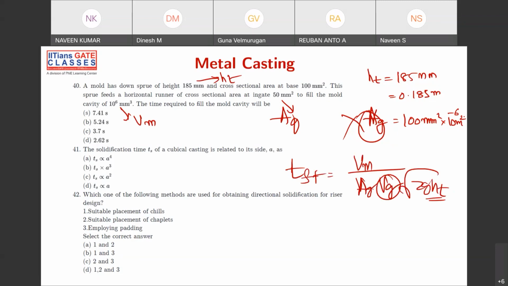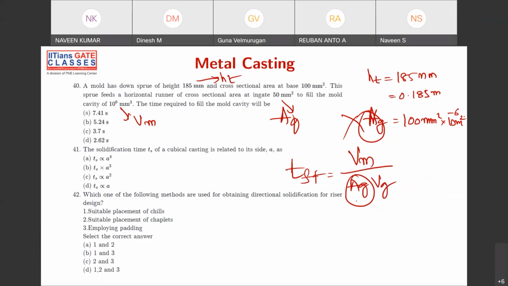Here the question is a little tricky. AG is a tricky part here. I think velocity is important here. Why? Generally, what we have taken is Vm by Ag into Vg. So Ag is clear. Ag is 50.